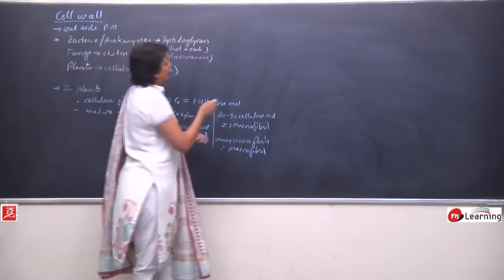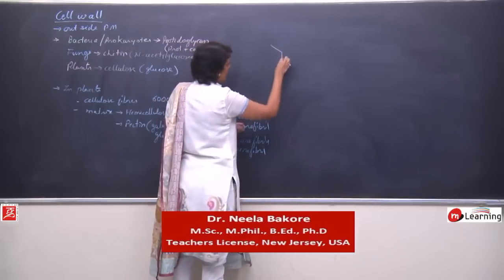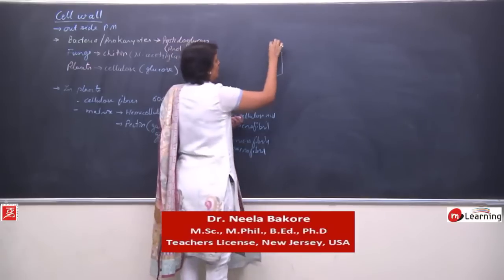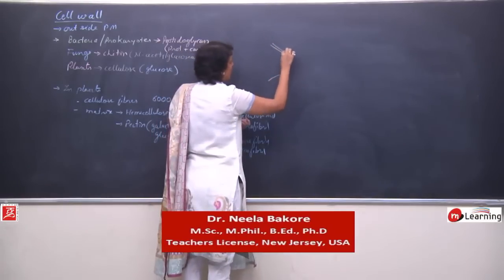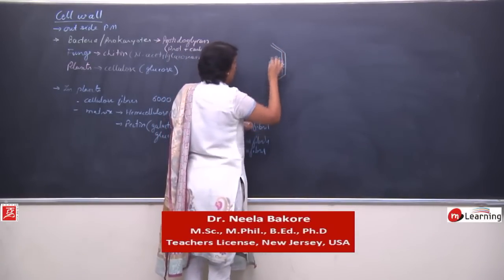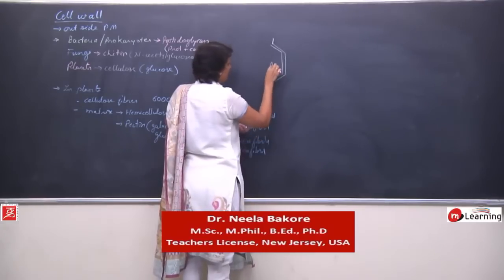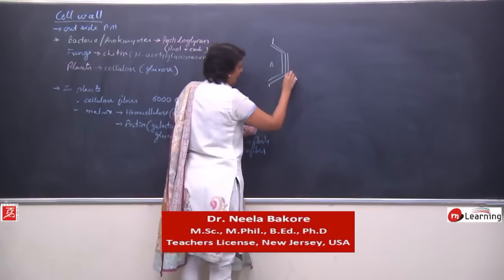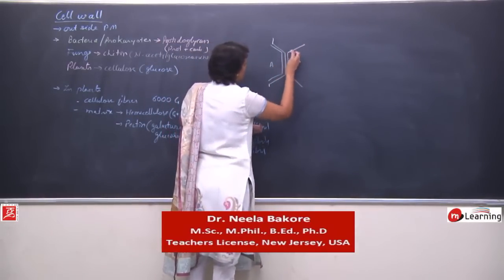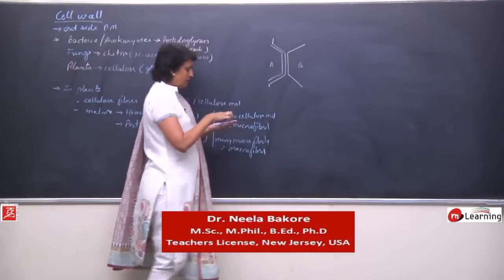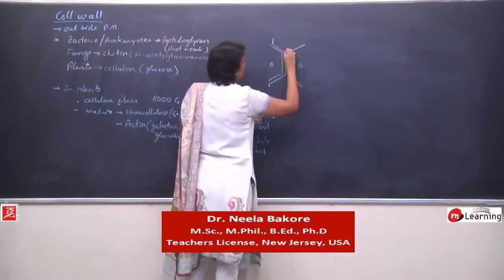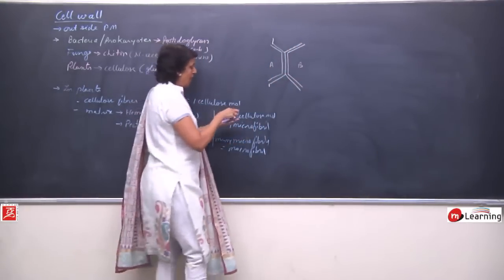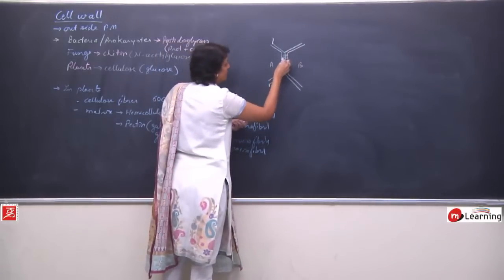If we talk of two cells, say this is one cell and I am just drawing one side so that we are able to see the cell wall. This is the cell wall of cell A. There is an adjacent cell and this is the plasma membrane of cell B. Here we find that the two adjacent cells share the same cell wall.